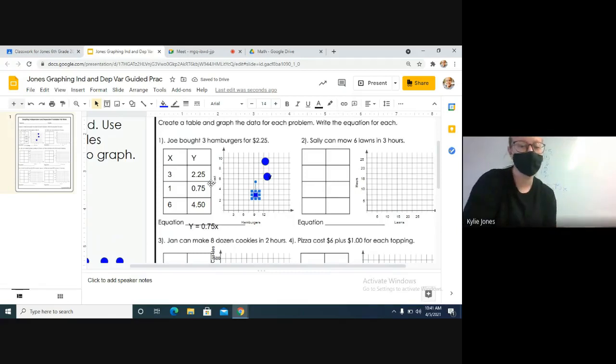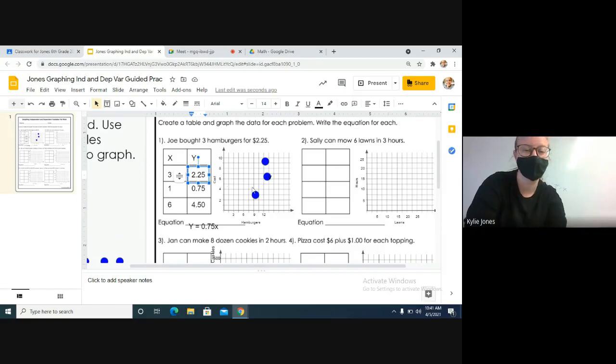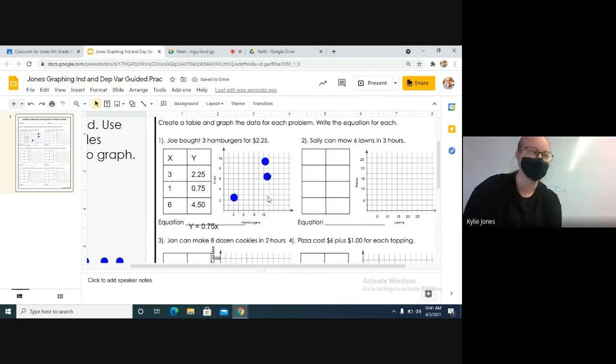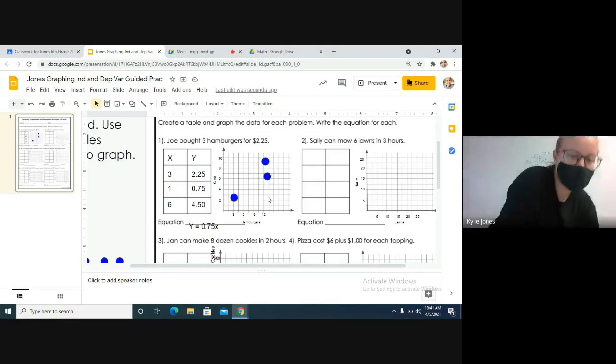Our first ordered pair is 3, 2.25. So we need to take our first dot and go to the right 3, and then go up 2.25. So that's just a little bit above the 2. These are really big dots, so just put it as close as you can. You can make the dots smaller if you'd like to. So there's our first one.